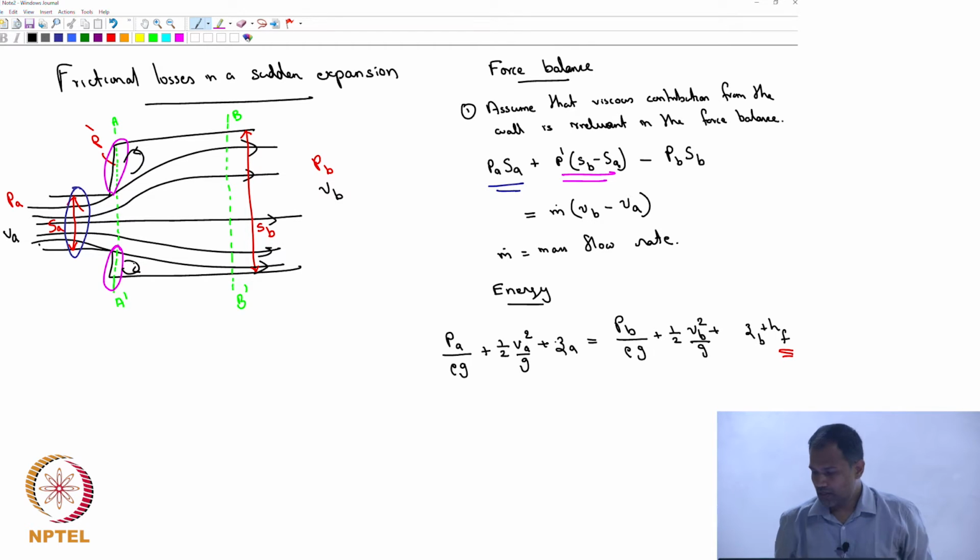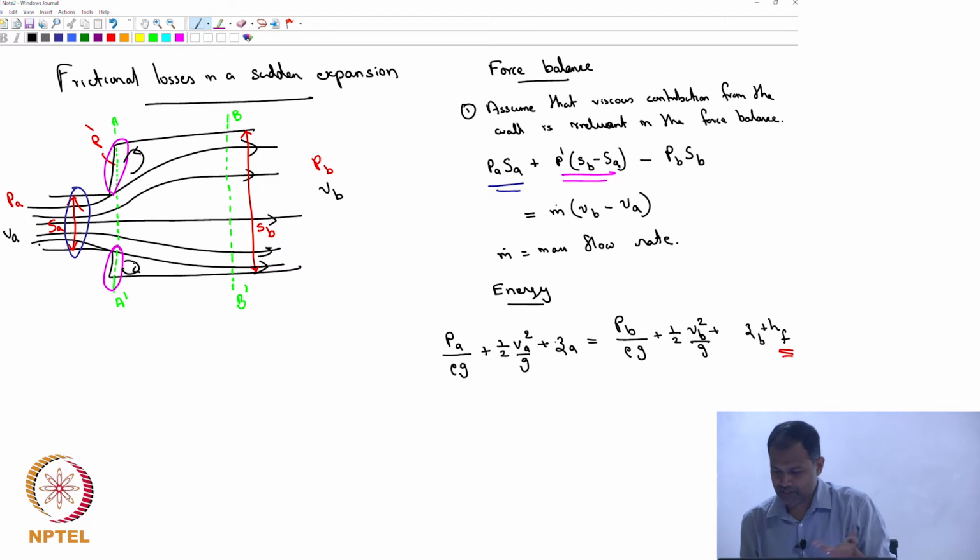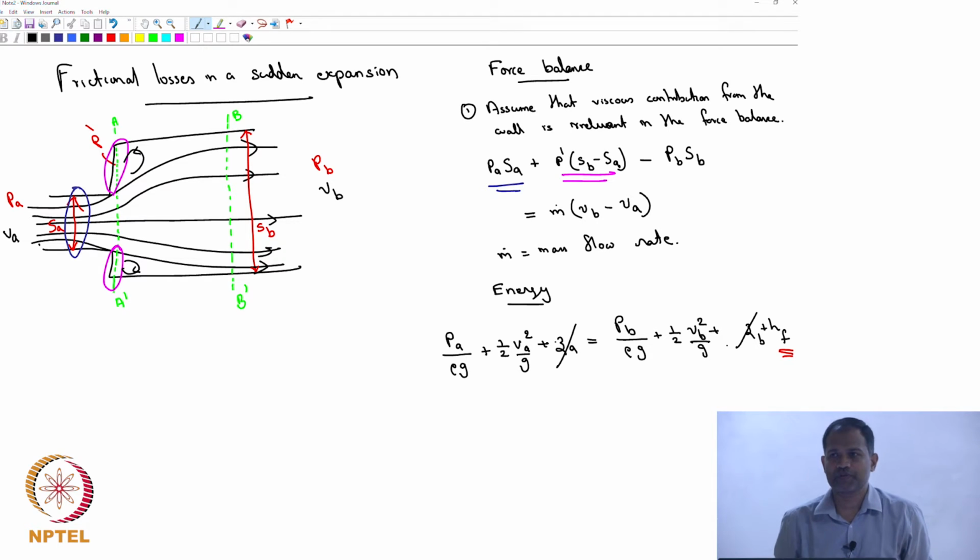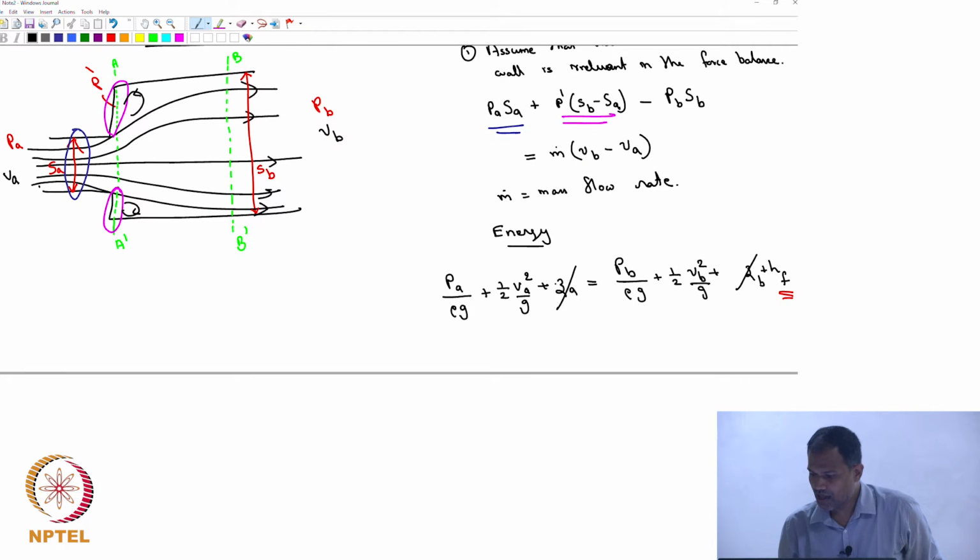Okay, so we will throw away ZA, ZB because we are not going to worry about the change in elevation. So let's simplify. Now there comes the second assumption, about the wall shear stress.